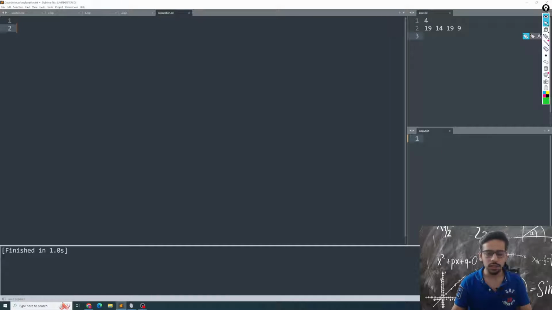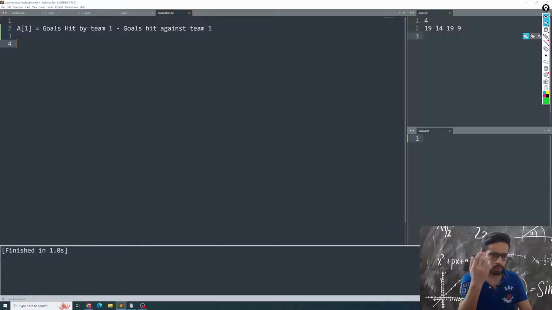Let's see what the efficiency of one of the teams is. So efficiency A1 of team 1 is goals hit by team 1 minus goals hit against team 1. So this is majorly what A1 would look like.